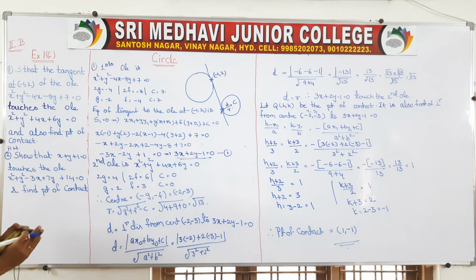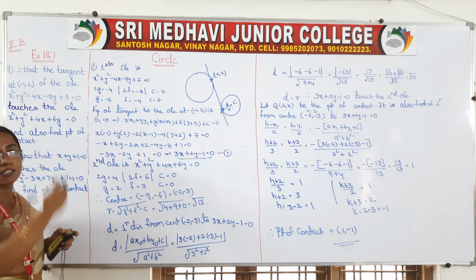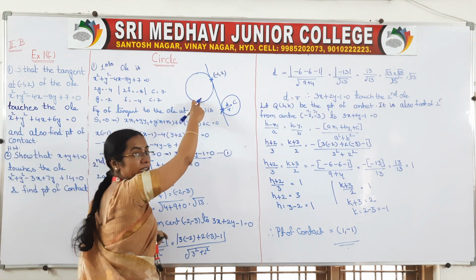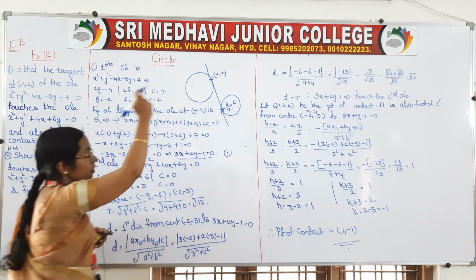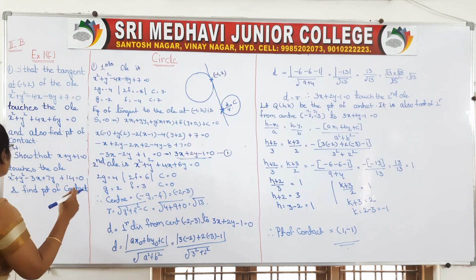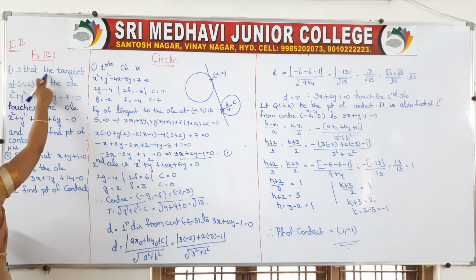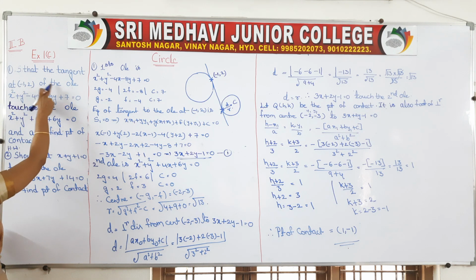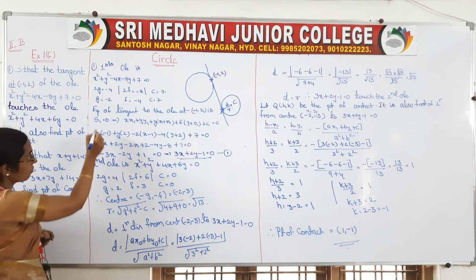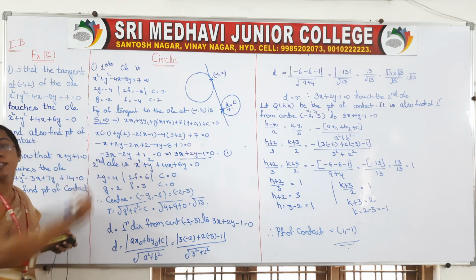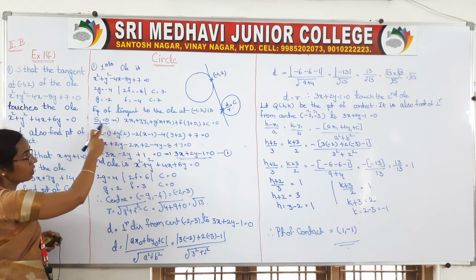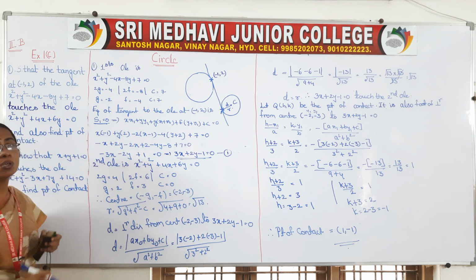First we have to find the tangent to the first circle. First you take the tangent to the first circle. How will we take the tangent to the first circle? The point is also given to you: the tangent at (-1, 2) to the circle. So if we want to find the equation of the tangent to the circle at (x1, y1), the formula is S1 = 0.